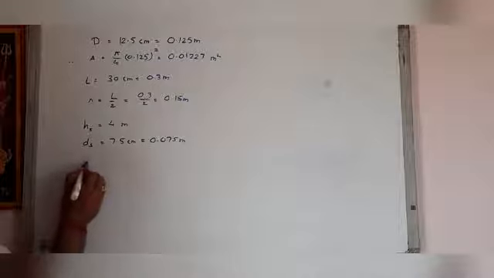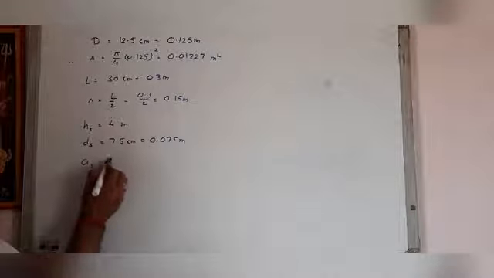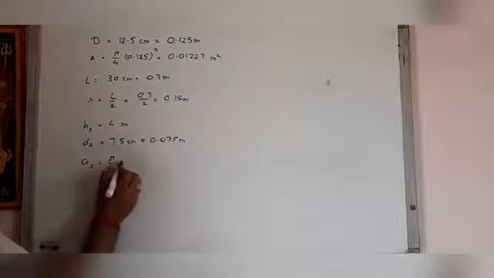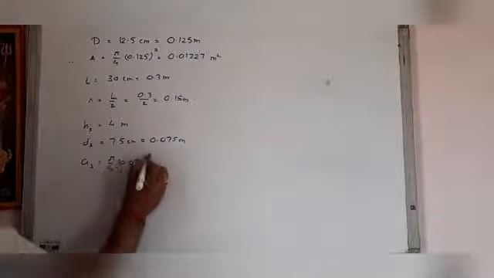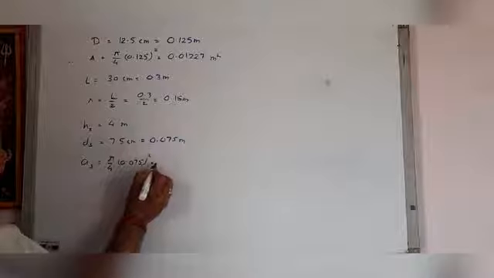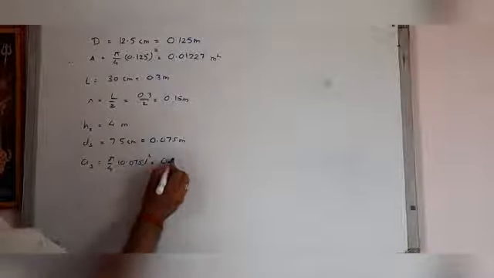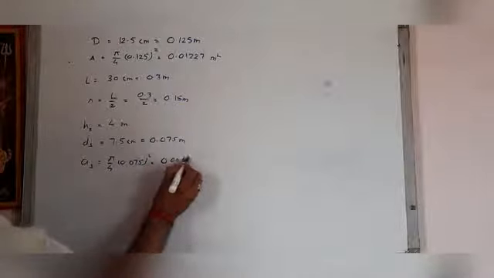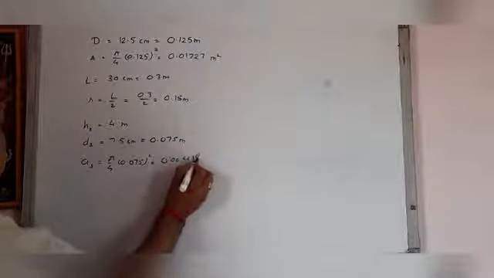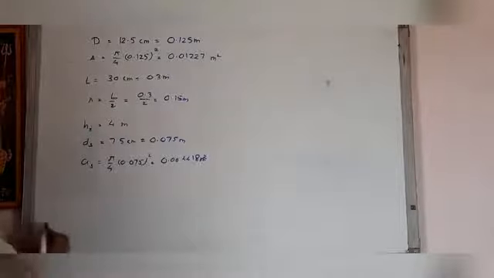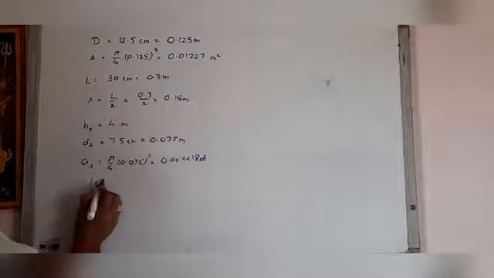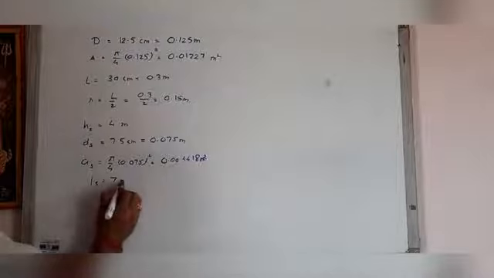So area of suction pipe AS equals pi by 4 into 0.075 squared. This comes 0.004418 meter square. Length of suction pipe is given as 7 meter.